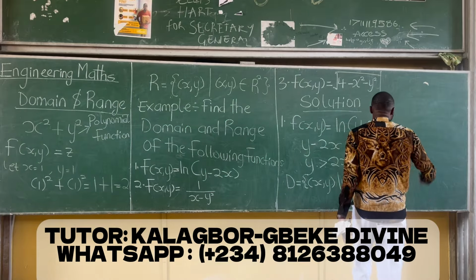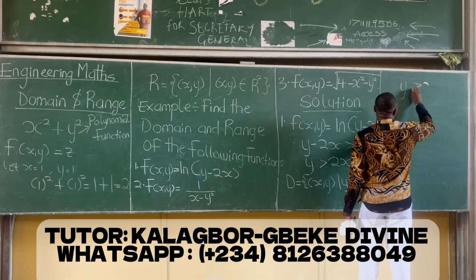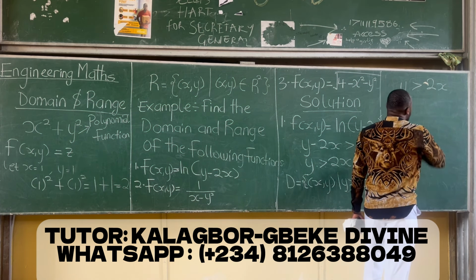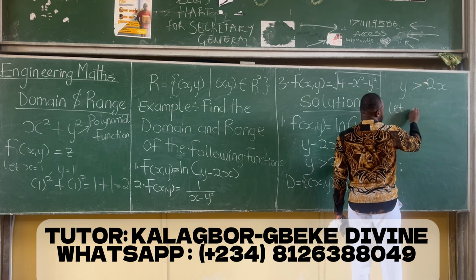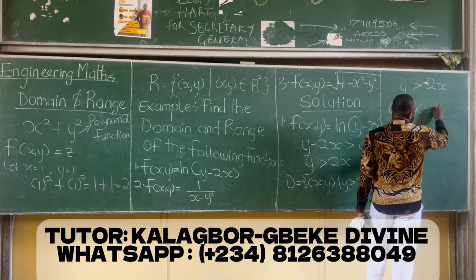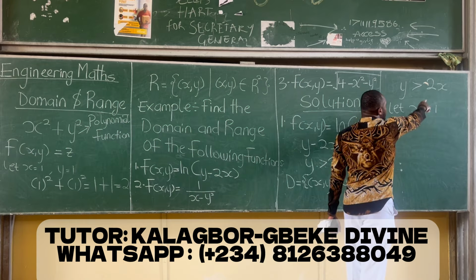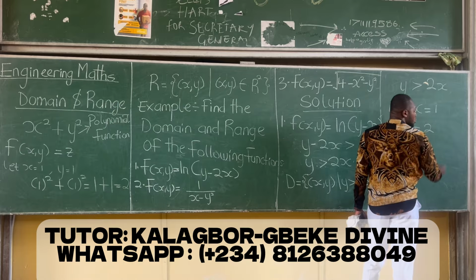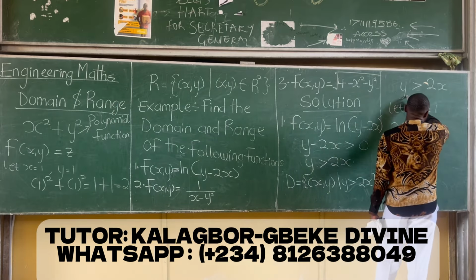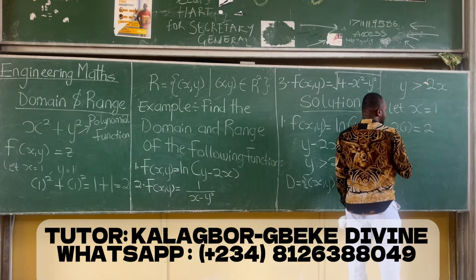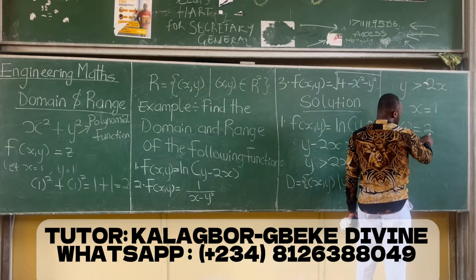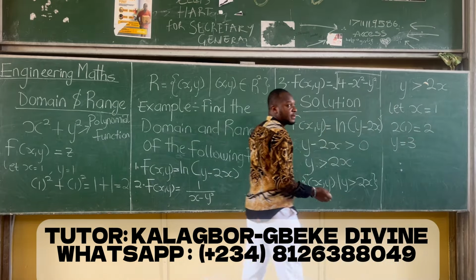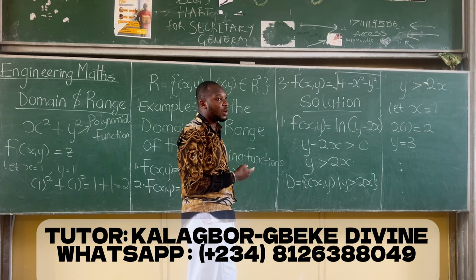If we bring out this condition, y equals 2x, let's take x as equal to 1, right? So if we input x as 1 there, it will be 2 times 1, which is 2. So the condition says y should be greater than 2 times x. If we take x as 1 and multiply it, we get 2. Therefore, our y should be equal to 3.